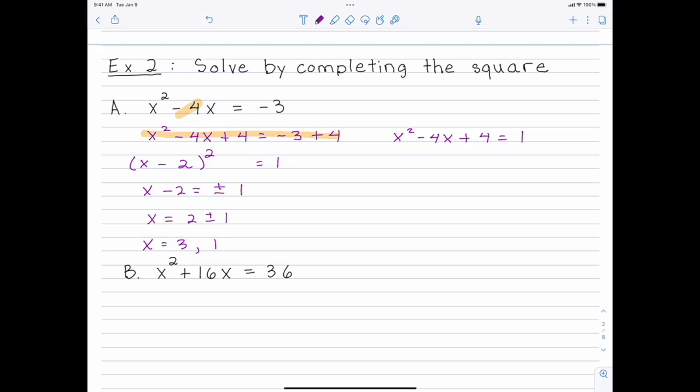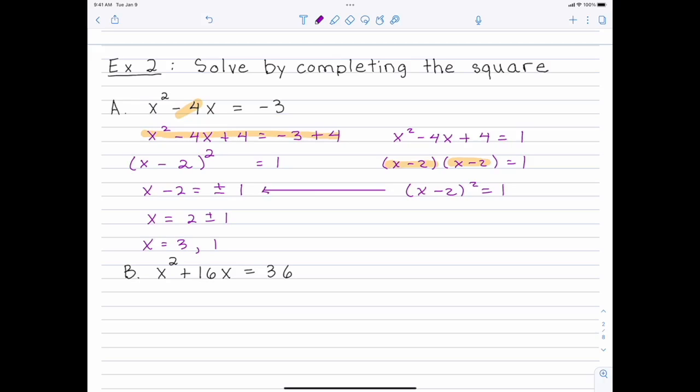How could I have done that? Well, we could have factored, and as you guys know, we would have gone x minus 2 times x minus 2 equals 1. Notice we have the repeated factor, something times itself. This is the same thing as this squared, which would have brought us right to here.